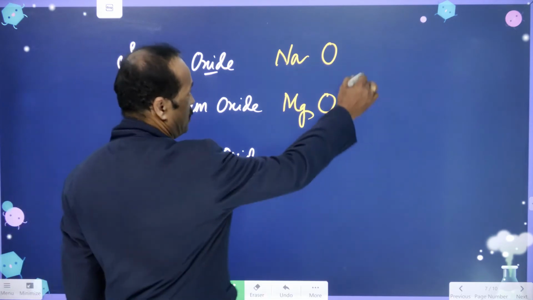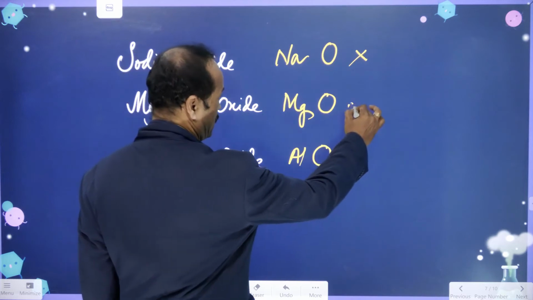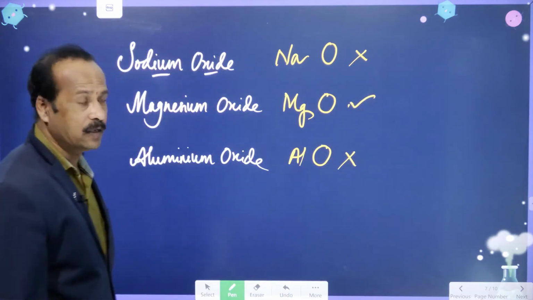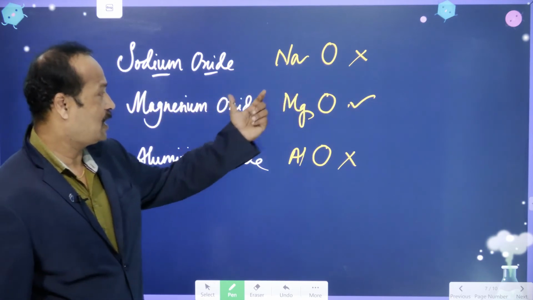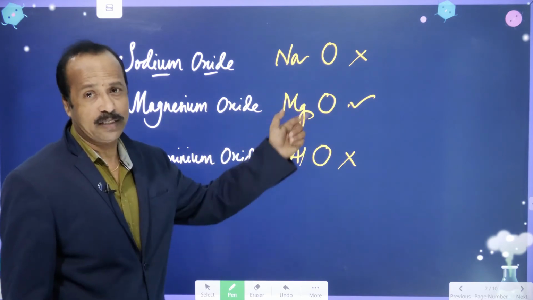If you check, the first one is wrong. The second one, yes, right. The third one, again wrong. Sodium oxide NaO, magnesium oxide MgO, aluminium oxide AlO are written, but only one is correct, the remaining two are wrong.